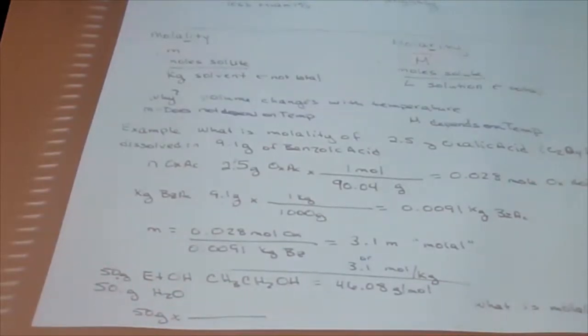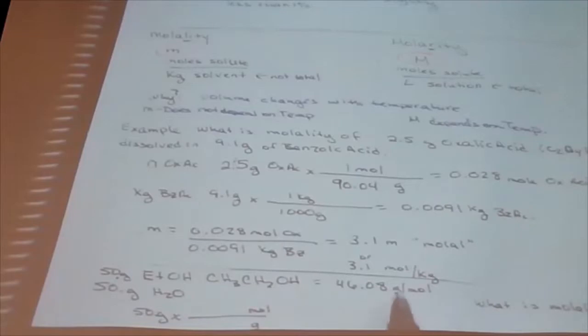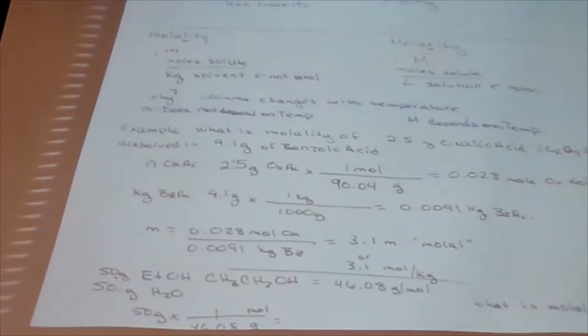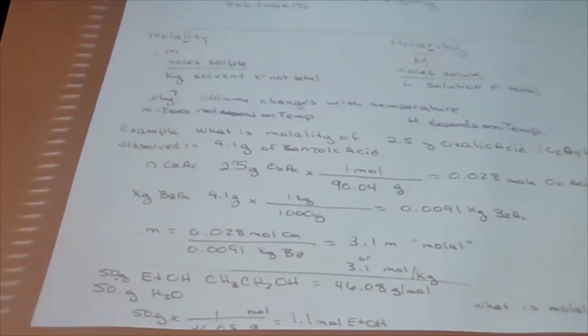And then I need to get to moles, so I'm going to use the molar mass. 46 is going to follow my first unit, which is the grams. So that gives me 1.1 moles.